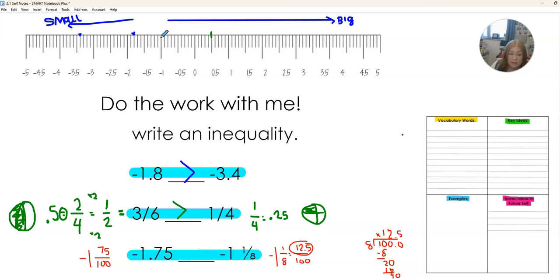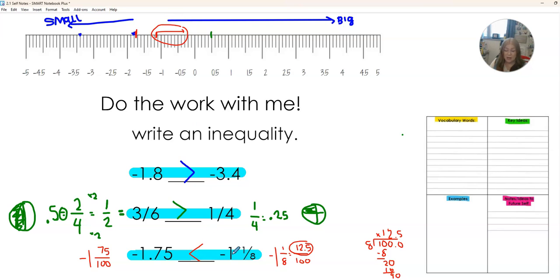So here's negative 1. Here's negative 1.5, 1.6, 1.7, 1.8, right? We want right in the middle there, 1.75. And then this one is negative 1, and here's 10. So like here would be 12 right here. So I can see that even though this is negative, it is more to the right. So this one right here is bigger.